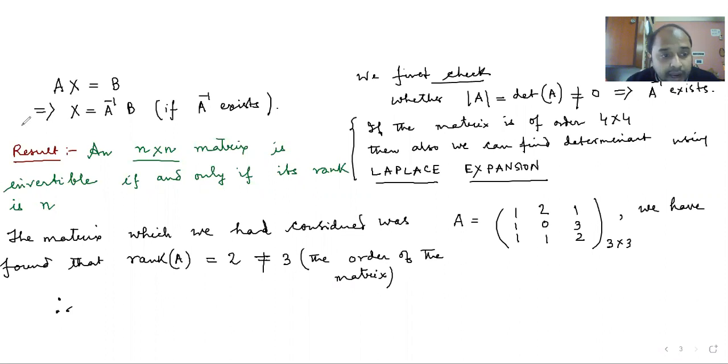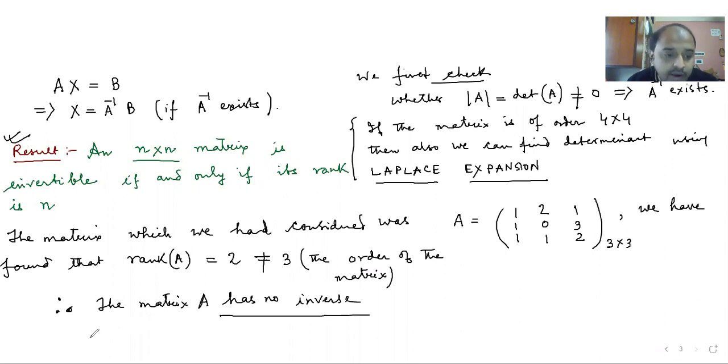Therefore, by this rule, the matrix A has no inverse, or A is not invertible.